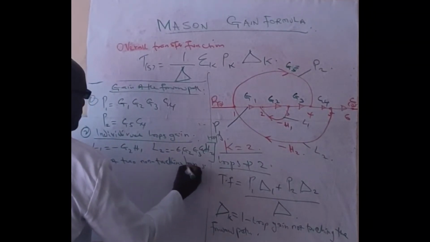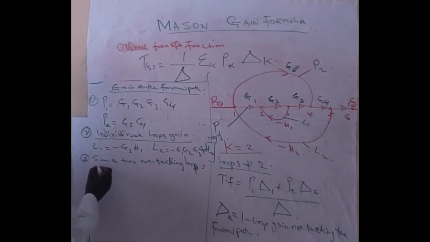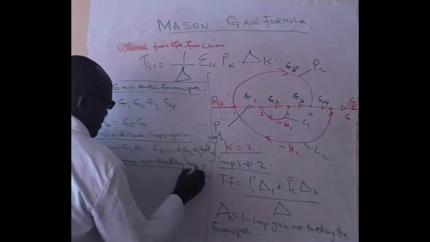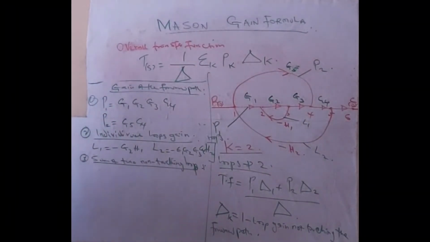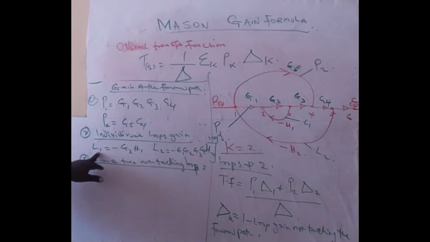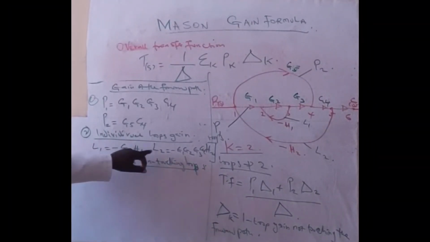So this one, we want to see the loops which are not touching each other. How do we tell whether they are touching each other or not? Based on L1, that is loop 1, and loop 2, see what is common.